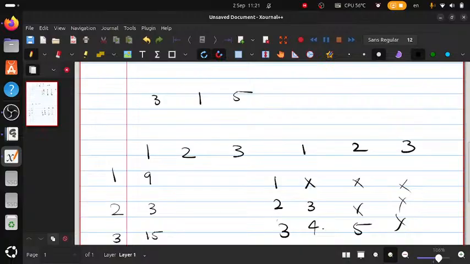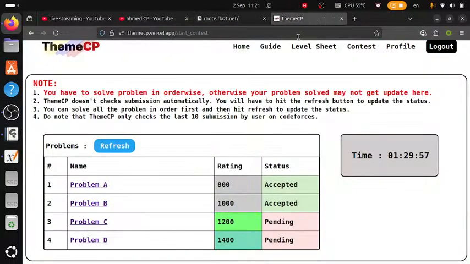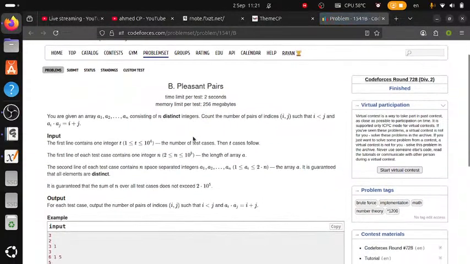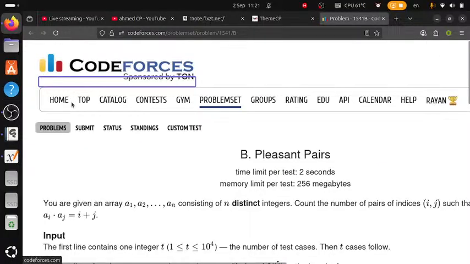This has a very easy brute force solution, but right now the problem is in... So they have guaranteed that all elements are distinct. Okay, so what does that mean for us?